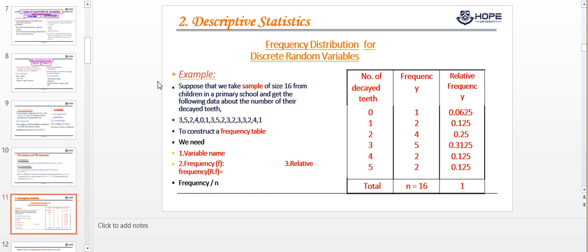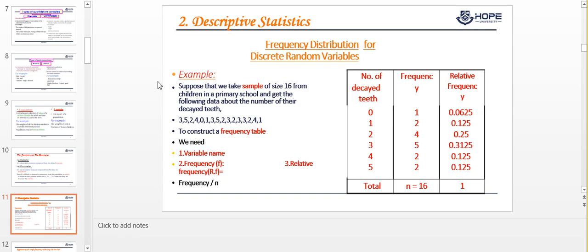If the data is raw, you can simplify it into an easily understandable table format. That table we can call a frequency table, also frequency distribution. Suppose we take a sample size of 16 from children in a primary school and get the following data about the number of their teeth decay.